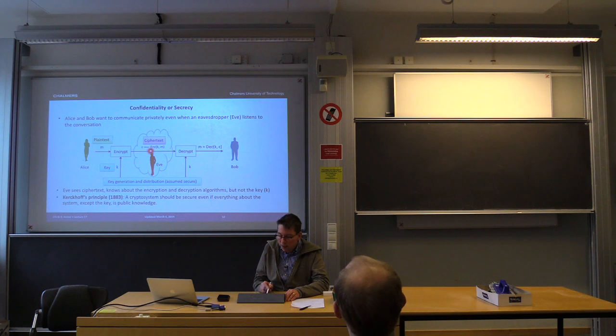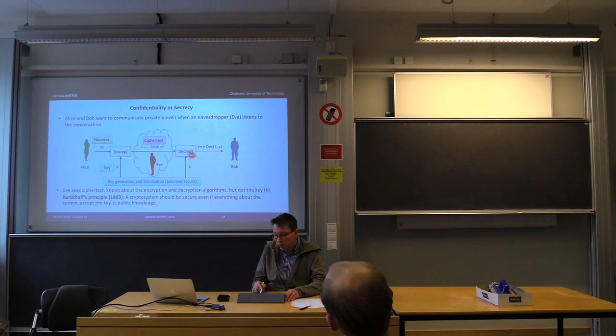Okay, so C is known to Eve here. But anyways, we would like to make it impossible for Eve to figure out what M is, even though she knows C. So Bob gets C, and Bob runs a decryption algorithm in his trusted environment. And the decryption algorithm here also has as an input this key K. So M here is the decoding of K and C. Okay.